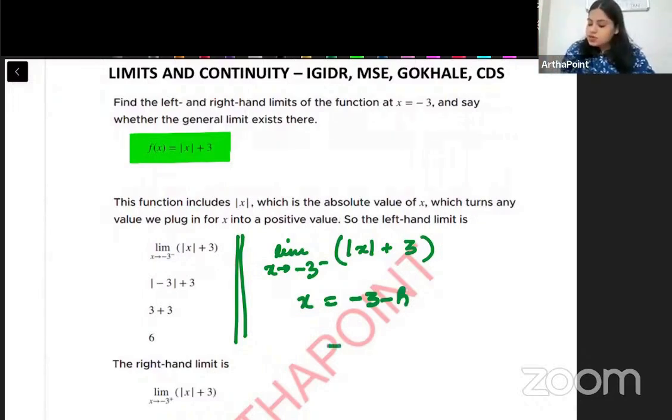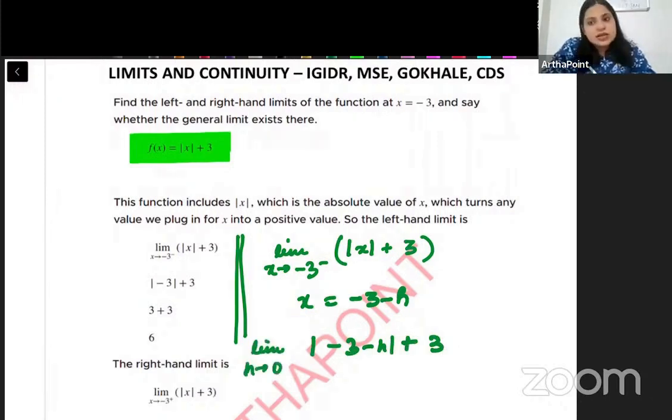So what you can do is put a little less than -3 by subtracting something from -3. Are you getting it? And then you can have h approaching 0. Is this clear? So h is very, very close to 0. I am subtracting something from -3, because I'm going towards -3 from the left hand side.